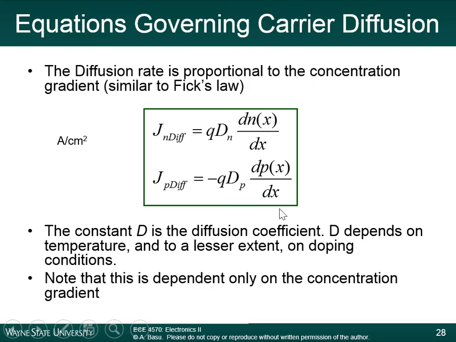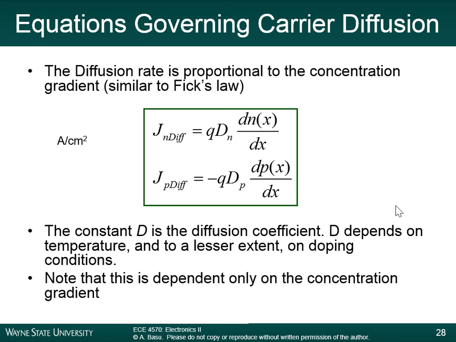Jn diffusion is equal to q, where q is 1.6 times 10 to the negative 19 coulombs, times D, the diffusion coefficient, times dn/dx. Now, n of x is the carrier concentration with respect to space. dn/dx is the concentration gradient.